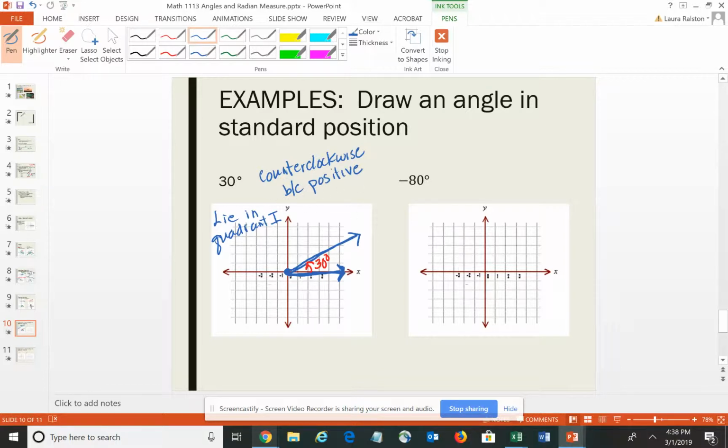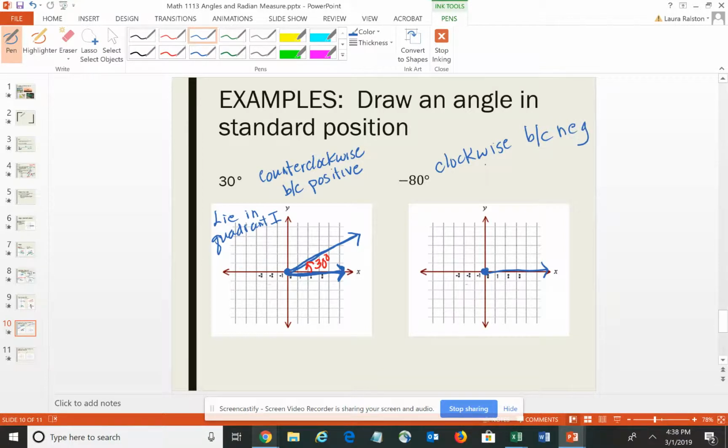Okay, so the second example asks me to do negative 80 degrees. So again, to be in standard position, vertex on the origin, initial side on the positive x-axis. This time I'm going to rotate clockwise because it's negative.